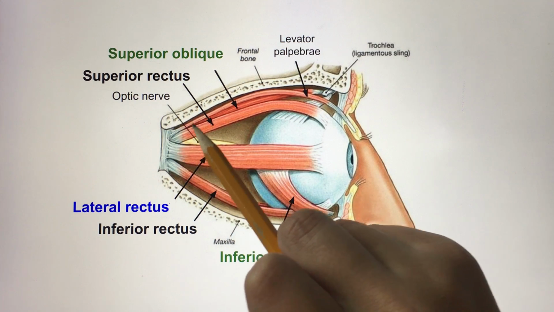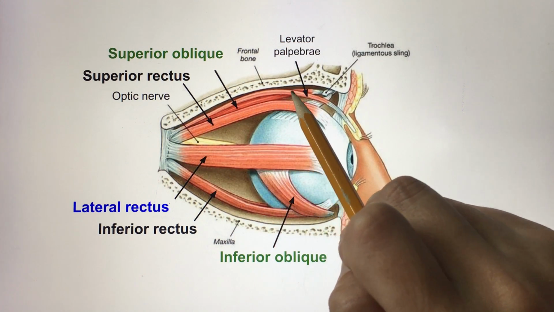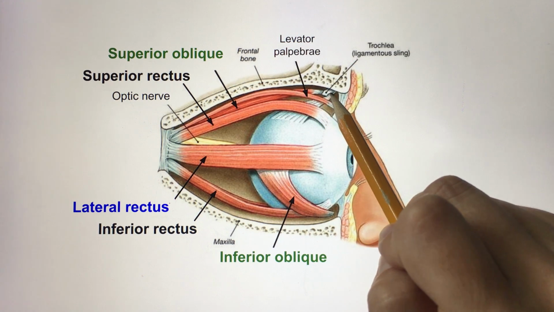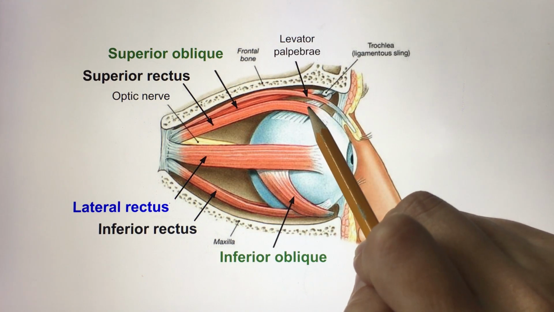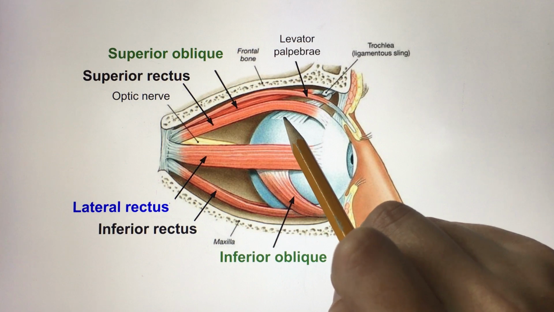So from the back of the eye socket, this muscle moves towards the medial side first, loops through the trochlea, and then connects to the superior lateral side of the eye.